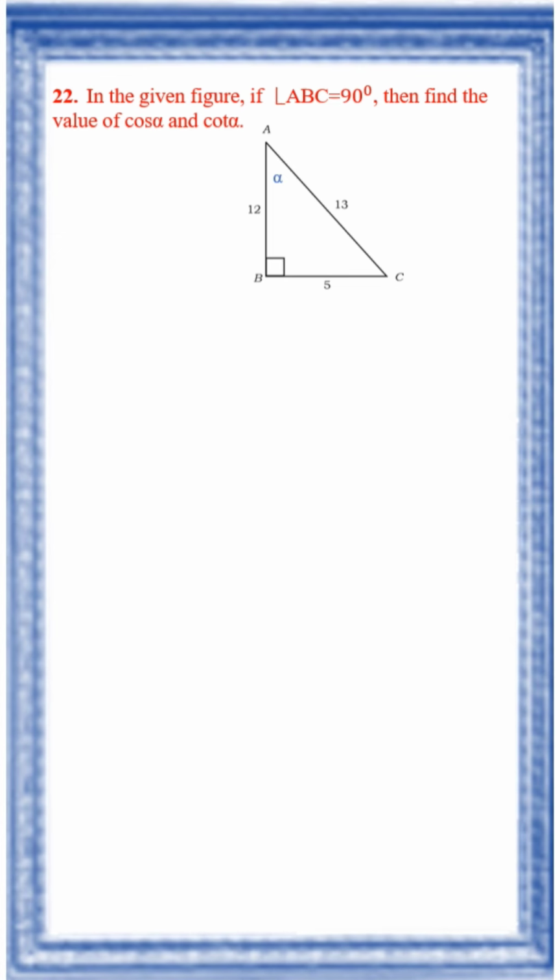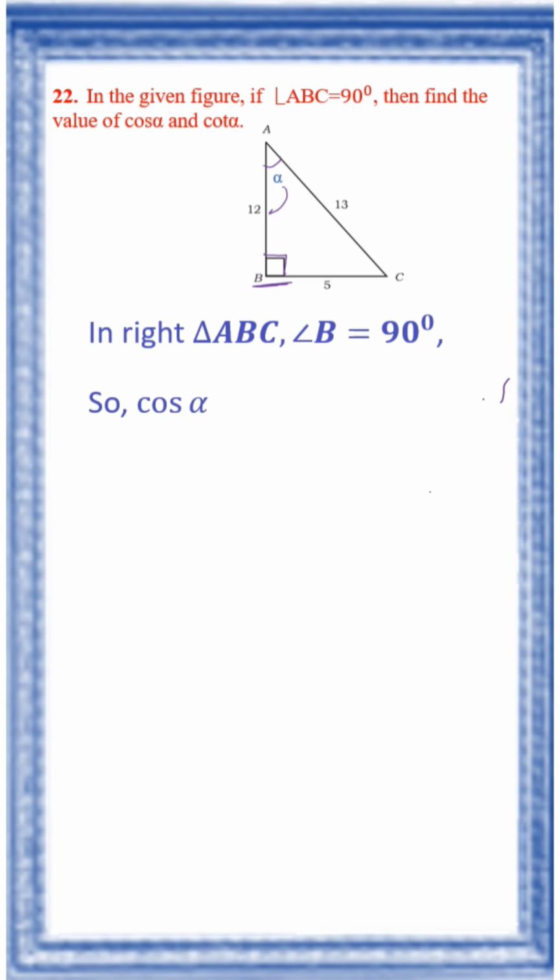In the given figure, if angle B, this one is 90 degrees, then find the value of cos alpha and cot alpha. This is alpha. In right angle triangle ABC, you can observe the figure. Angle B is equal to 90 degrees. Cos alpha. This is alpha.